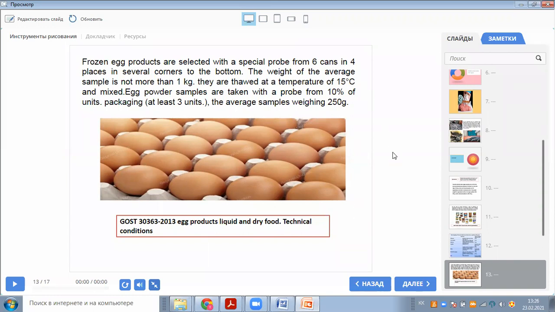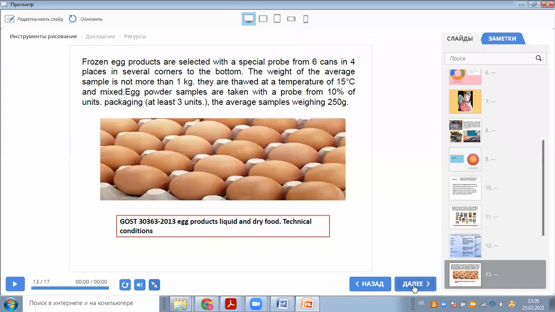The weight of the average sample is not more than 1 kilo, and they are served at a temperature of 15 degrees and mixed. Egg powder samples are taken with a probe from 10% of units. The packaging and the average sample weight must be 250 grams.